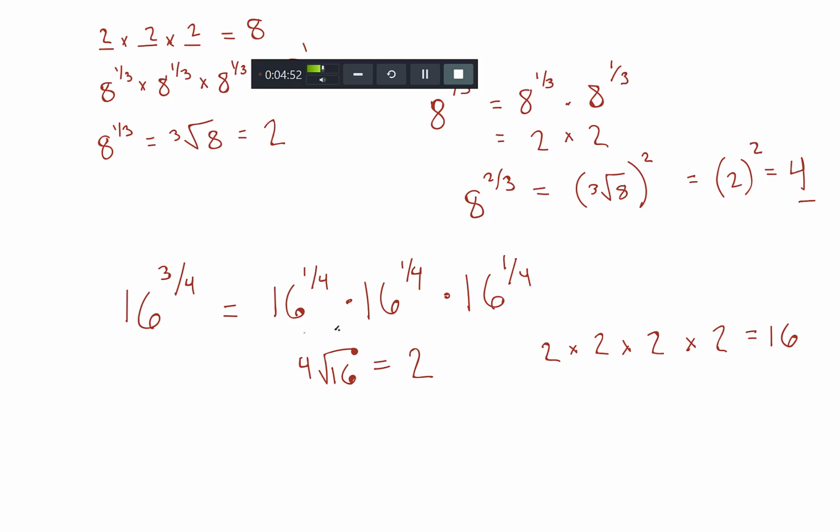And we're raising that whole thing to the 3rd power, right? We're multiplying it by itself 3 times. So 16 to the 3/4 equals the 4th root of 16 to the 3rd power, which is going to give us 2 to the 3rd power, which gives us 8.